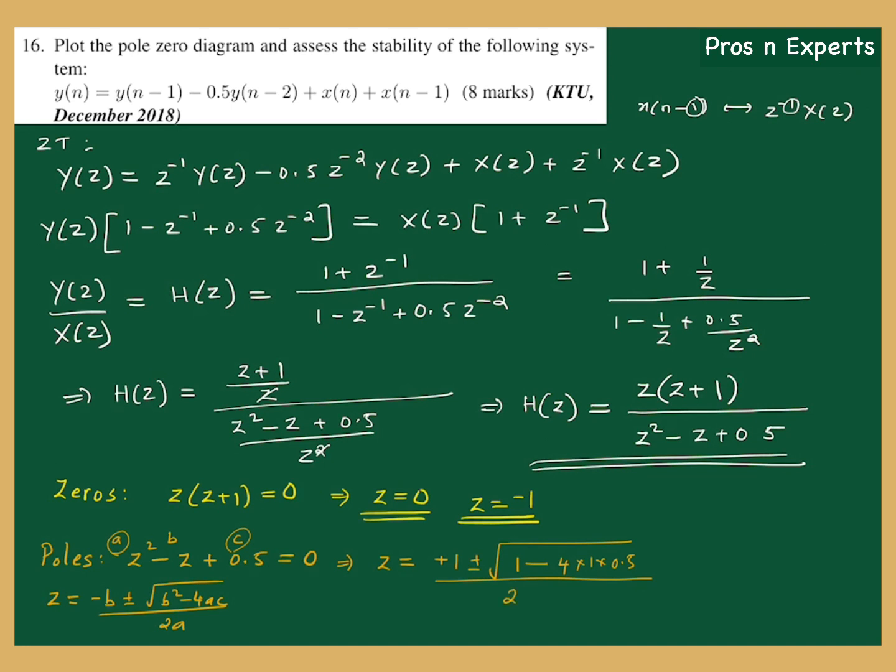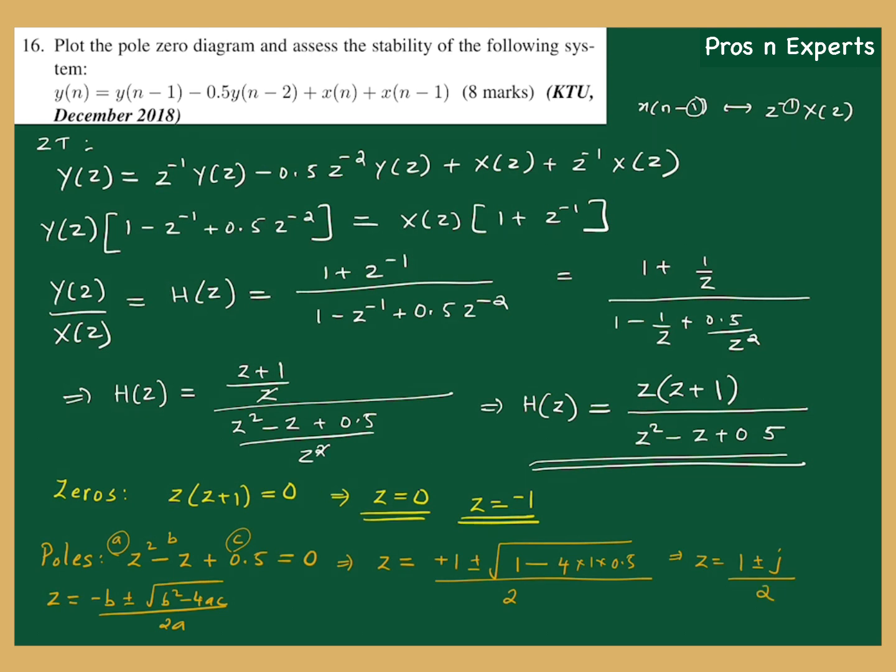That will give you z equal to 1 plus or minus root of 1 minus 4 into half, which is 1 minus 2, right? 1 minus 2 is minus 1. So root of minus 1 is j, whole divided by 2.